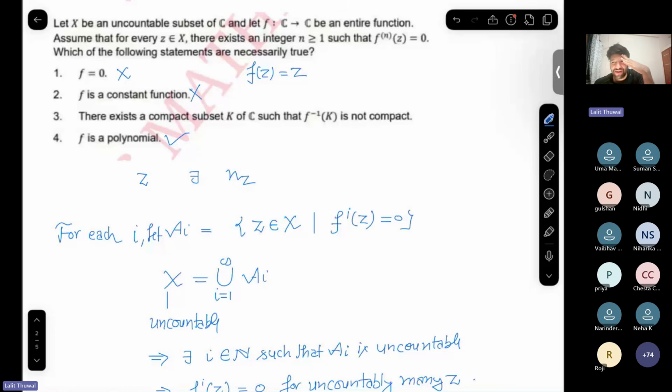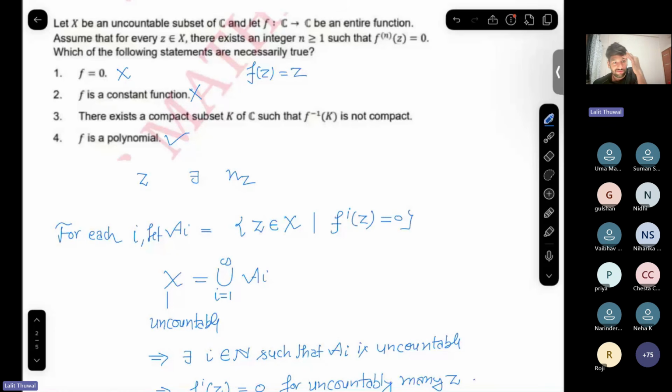Suppose that 3 is correct. Once you have eliminated 1 and 2, suppose 3 is correct, then the fourth cannot be correct, because polynomials are proper maps. The inverse image of a compact set is always compact under a continuous map. So if 3 is correct, then 4 should not be correct.